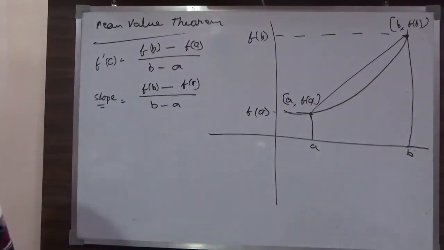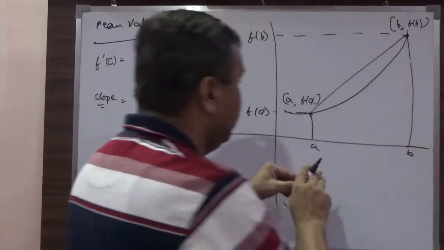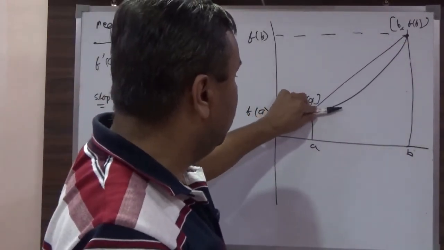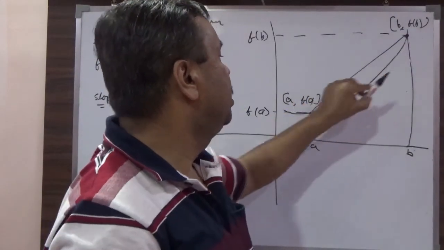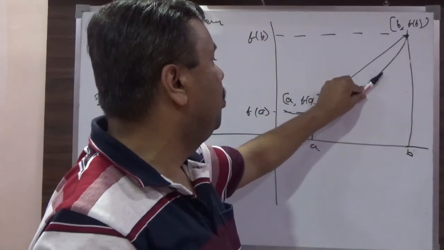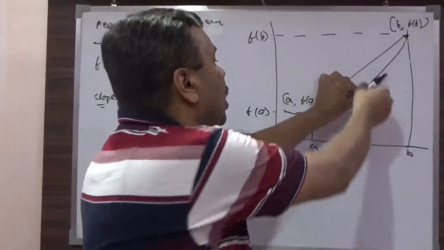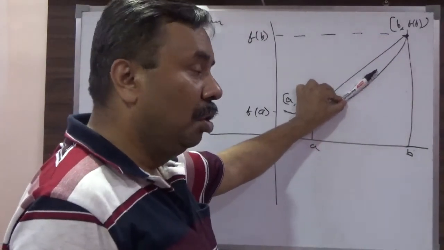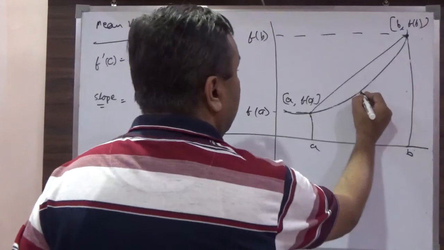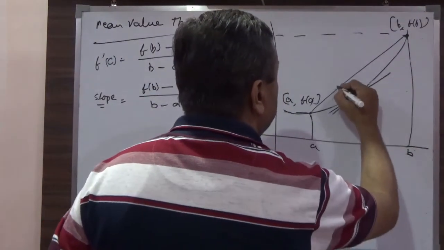But what is it saying? Obviously this slope is like this, and as I proceed to this point, it is saying that there will be at least one point where the tangent to the curve will be parallel to the line joining the two points.